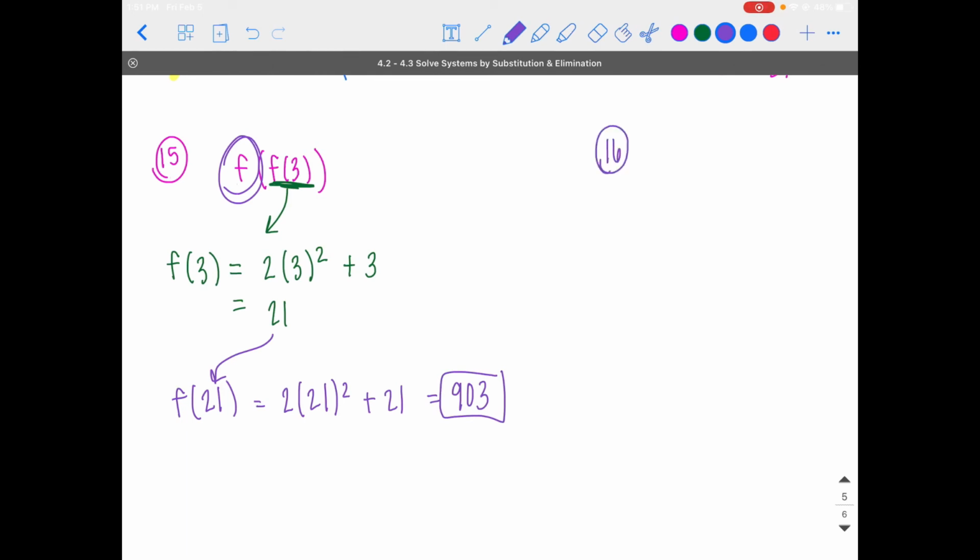All right, 16. We have the numbers 1 through 12. We want to know the probability that it is a factor of 12. So factors of 12, we have 1 and 12, 2 and 6, 3 and 4. That's 6 total numbers out of 12, which simplifies to 1/2.